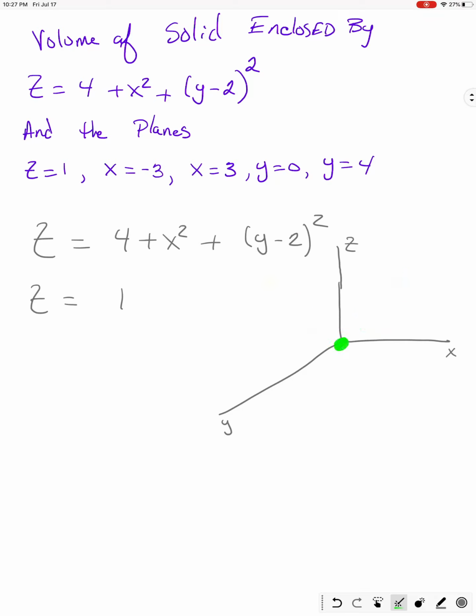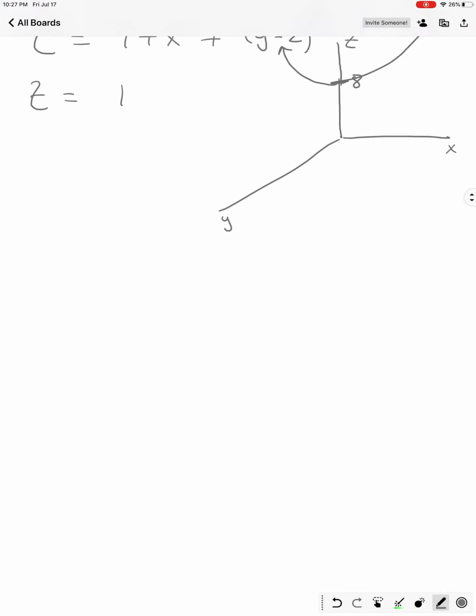If I look at the origin where x is equal to 0 and y is equal to 0, I'd have 4 plus -2 squared, which is 4. I'd have 8. So somewhere up here is 8, and I'm going to have some sort of shape that's going up like this from 8.